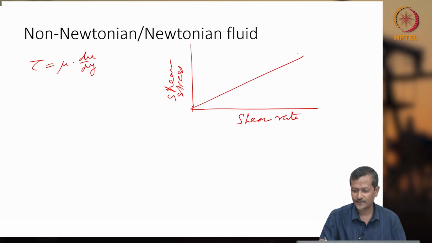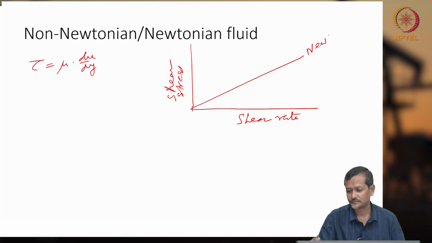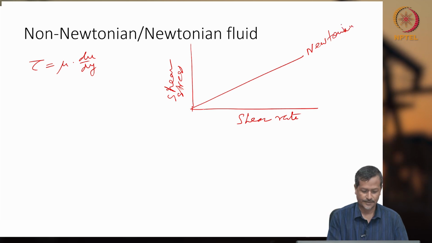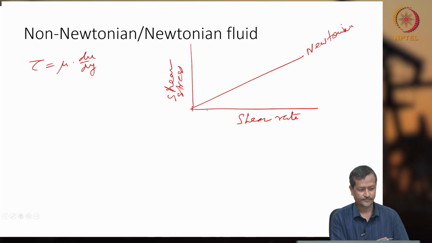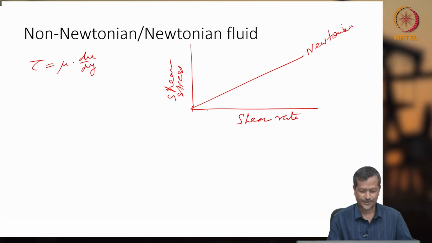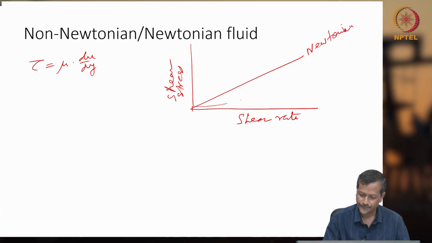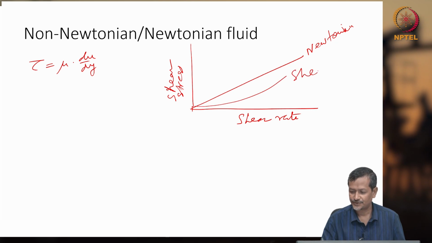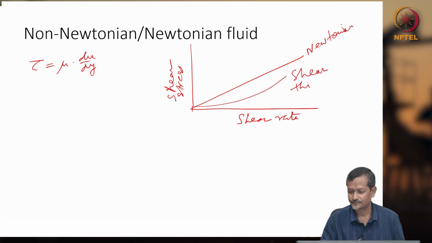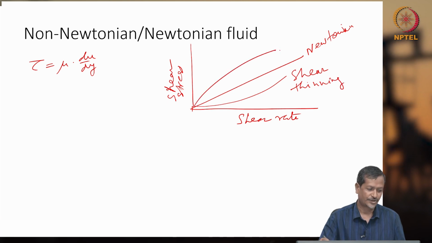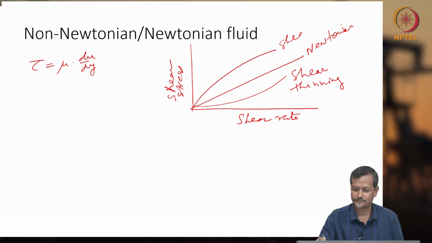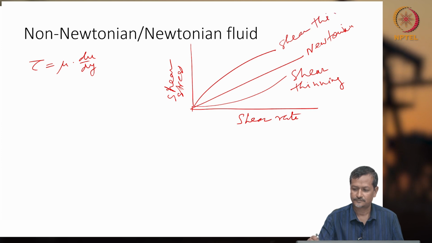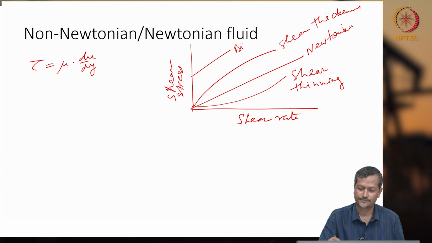So a Newtonian fluid will have a curve like this, and shear thinning fluid, shear thinning and shear thickening, and this is Bingham plastic.